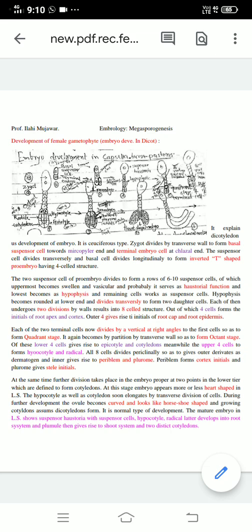So this is about the development of the female gametophyte, that is the embryo sac, or it is called the development of the embryo in the dicot. And this dicot development is a peculiar one, and for this purpose we have to study all these things.